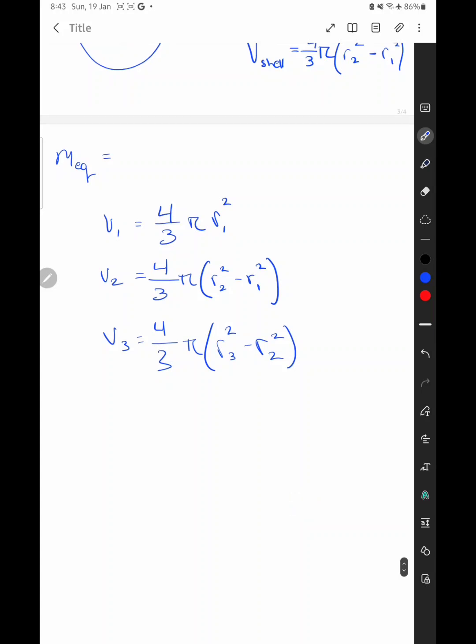So for our MEQ equation, we're going to multiply all of these by rho 1, rho 2, rho 3.